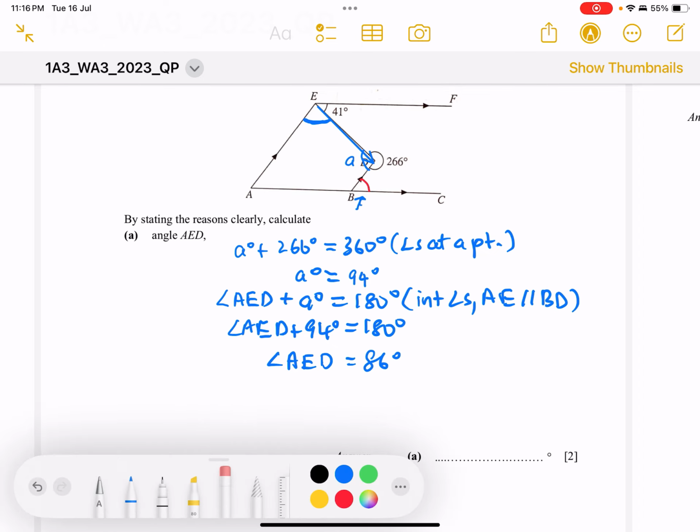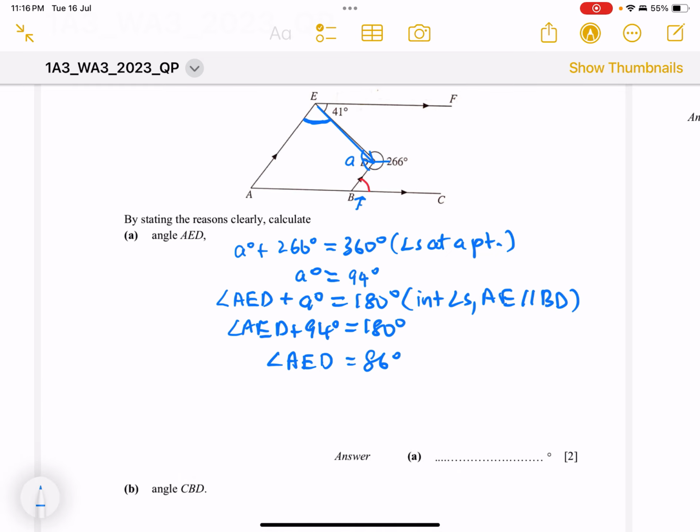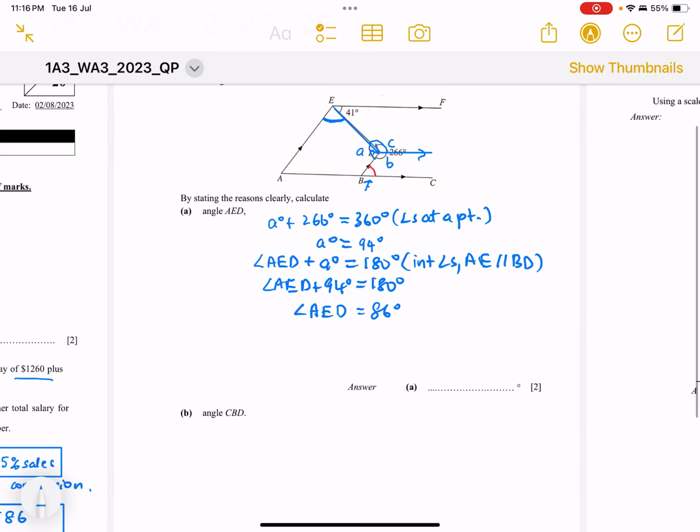So we are splitting up the angle 266 by drawing a parallel line, and we call it B and C. Right, so C is the angle here. So angle C plus 41 degrees is 180. That is interior angles.